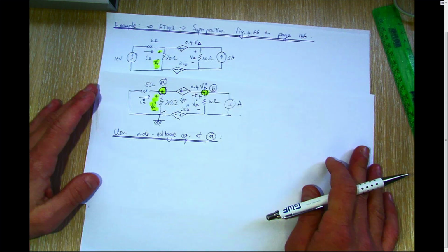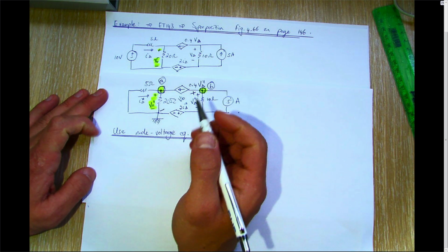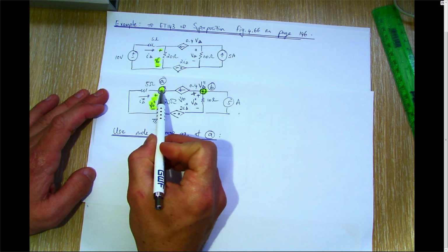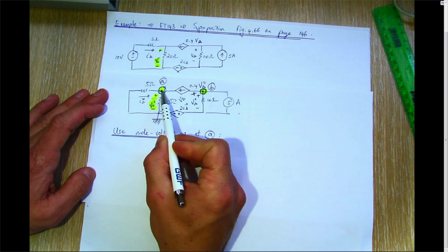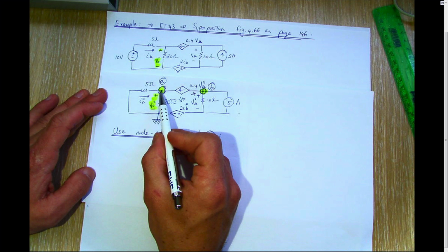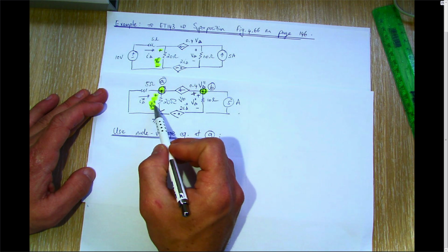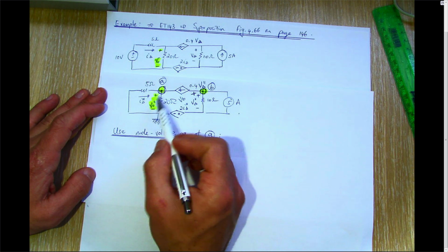Alright, so if we use node voltage equations at node A, what are we doing? We're going to define all the currents, the temporary currents flowing out, and then we're going to write those currents as a function of the node voltage, V0 prime, and the other node voltages, VB.